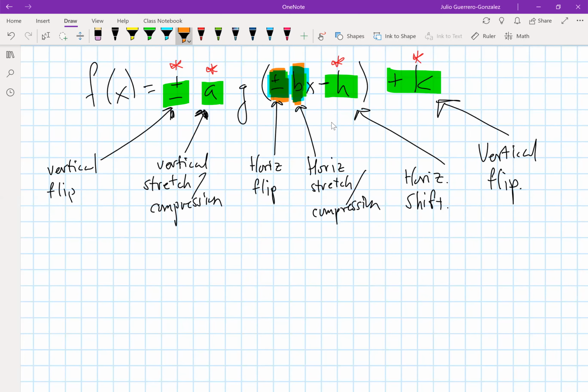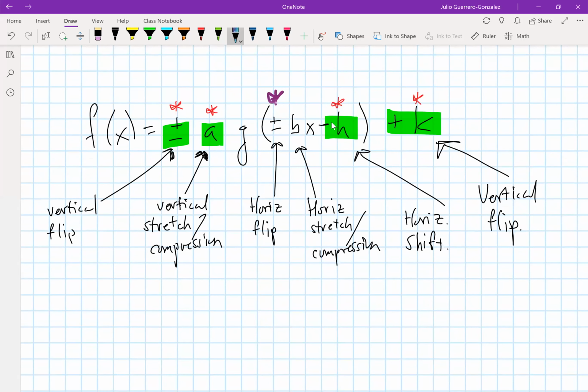Those two, the plus or minus inside and that B. Actually, I'm not liking how congested that looks now. So we're going to add the B and that plus or minus up front. This time around, we actually have to take that into account. The rest of the stuff works out the same way.